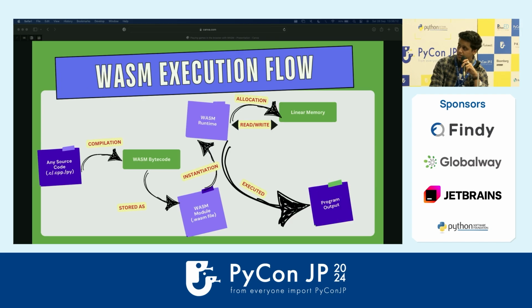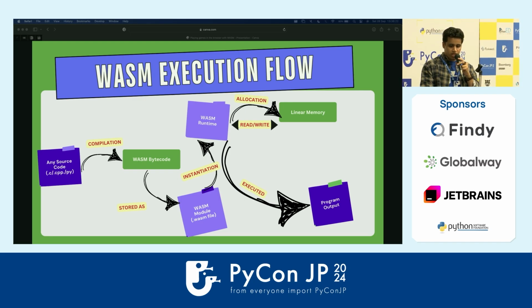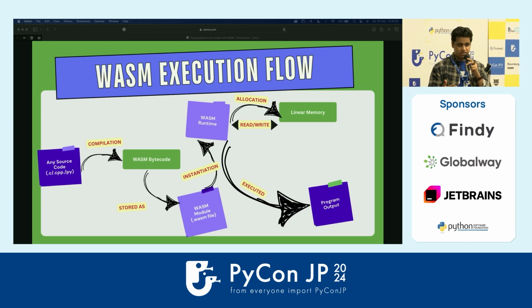And in a similar manner, we have WebAssembly. We write the code. It could be Python, it could be C, it could be C++, anything. It is compiled to WASM bytecode. This bytecode is very similar to what we see in Python, and it's stored in .wasm format. Over here, there's a key difference.